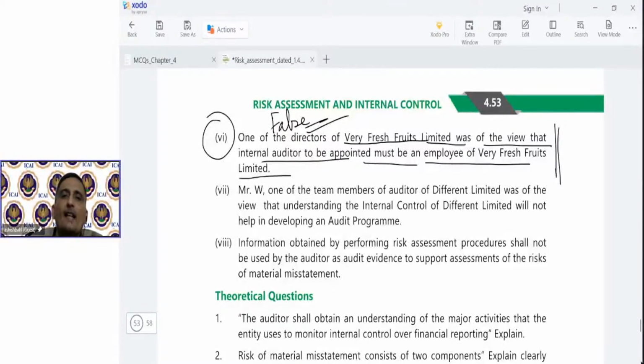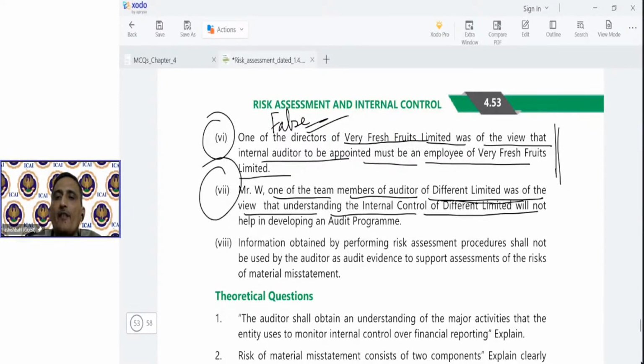Now let us see question number 7. Mr. W, one of the team members of auditor of Different Limited, was of the view that understanding the internal control of Different Limited will not help in developing an audit program.